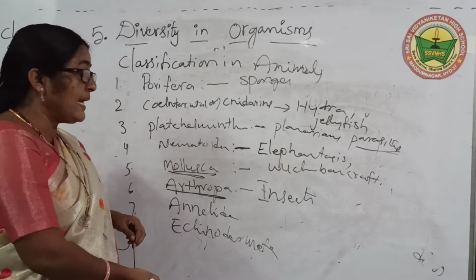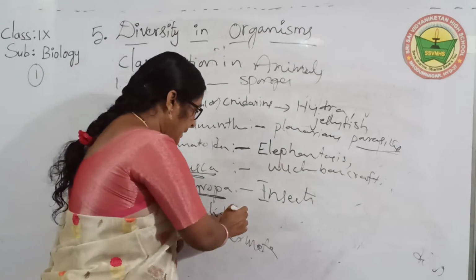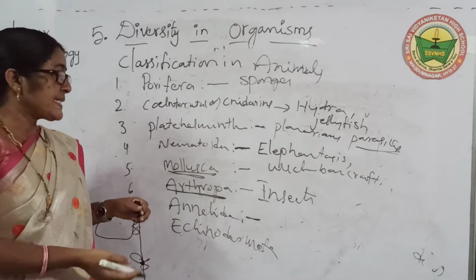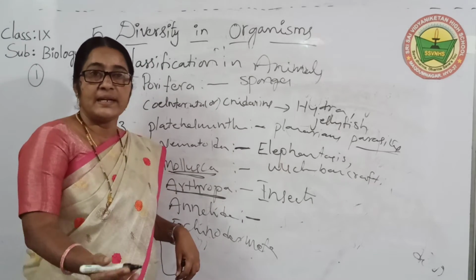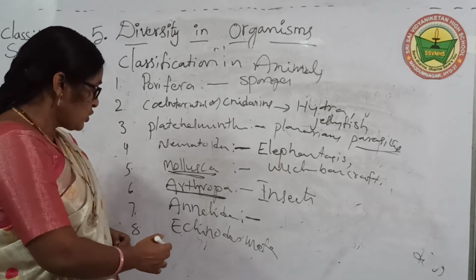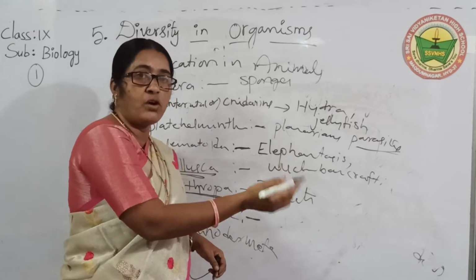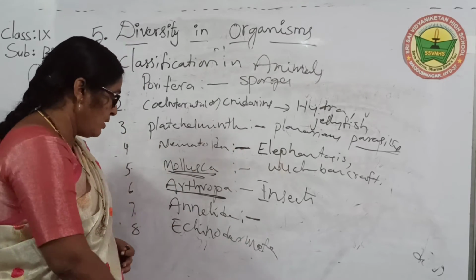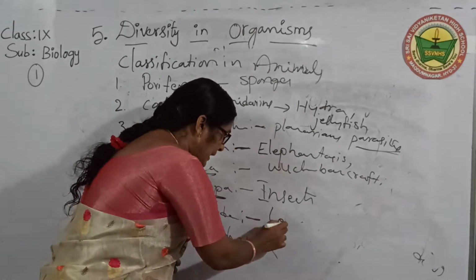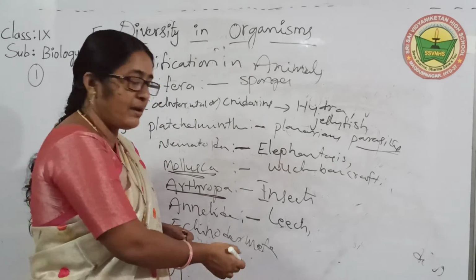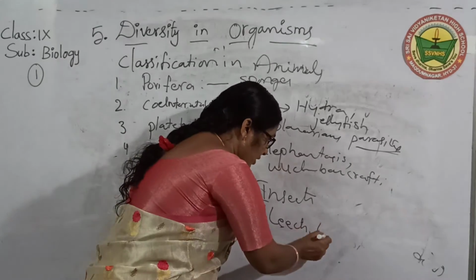And next Annelida group. Annelida means organisms without a skeletal system. They live in water and moist soil. What are the examples? Leech, found in stagnant water or marine water, and next earthworm.